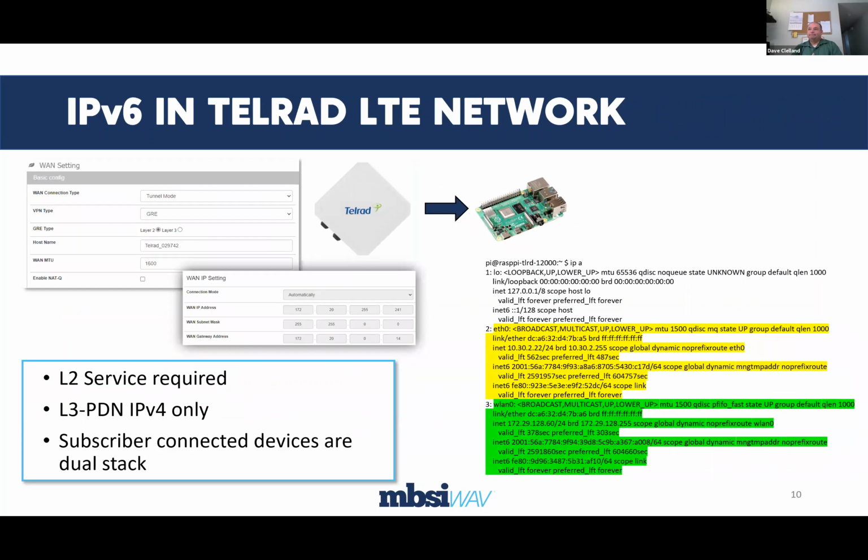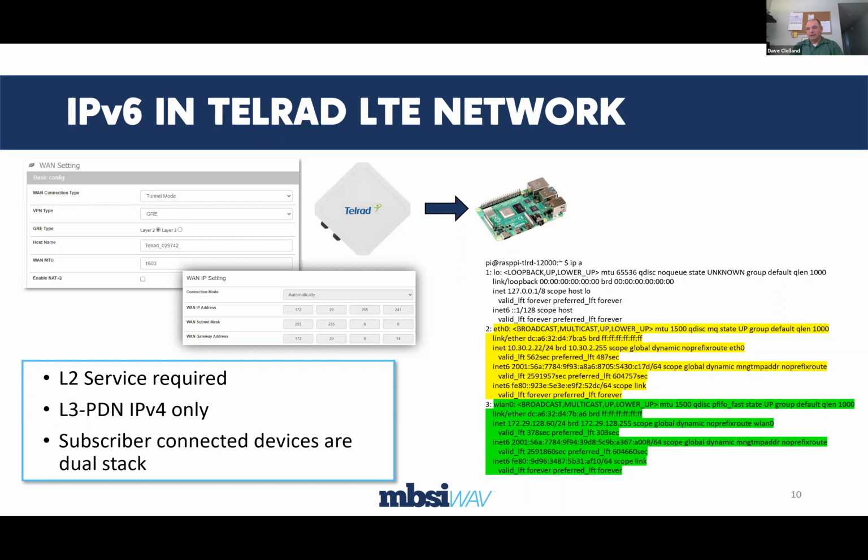All right. So now I've got my Telrad LTE network. And I could probably have done this with any network that offers layer 2 bridging. In Telrad's case, I wanted to show this off because it's a little bit more complex to set up and to maintain.